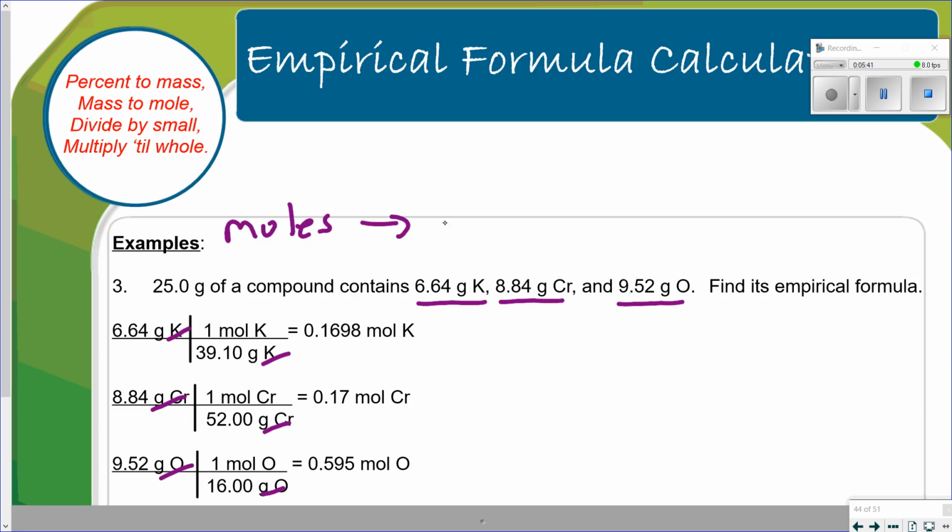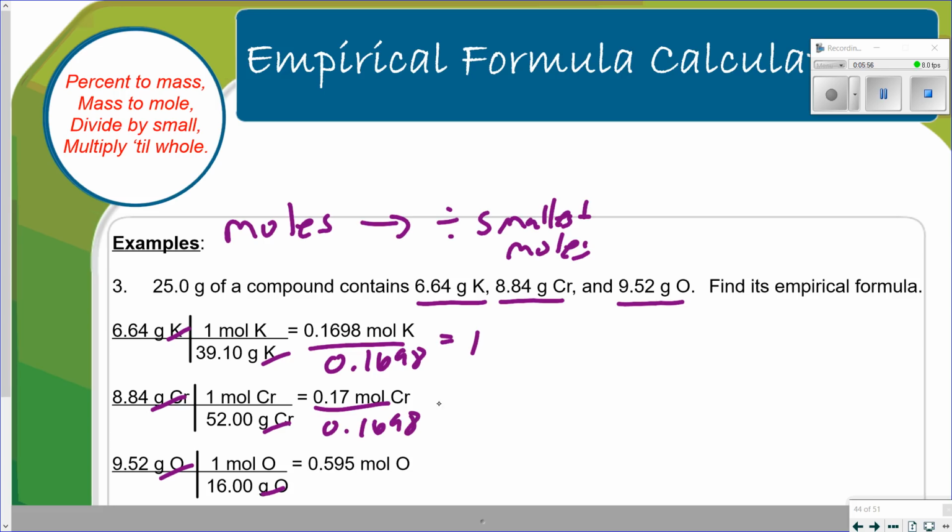And then what you're going to do is divide by the smallest moles. The smallest moles in this case looks to be 0.1698. That is 1. And the others divided by 0.1698 give you 3.5.